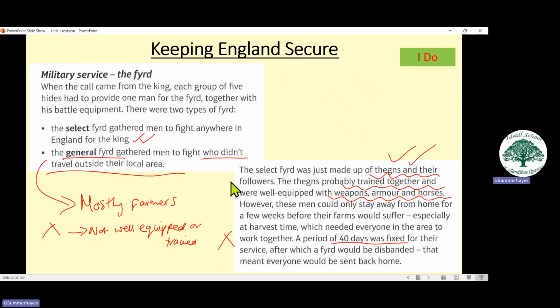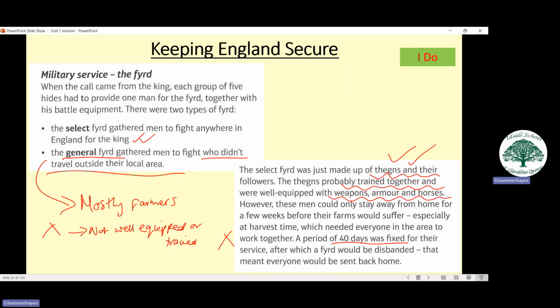The third is the part-time army made up of the churls and the peasants, and there were two sorts of third. One, the select third, which was the good one, which had to go and fight wherever the king wanted in England.